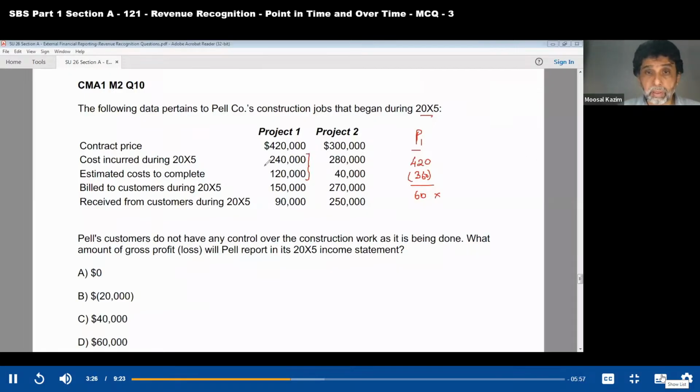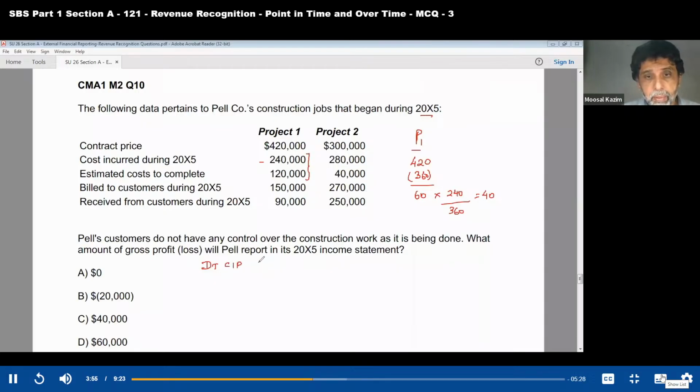So percentage of completion, that is the cost to cost method. 240 is the cost incurred to date, divided by 360, which is the total cost, and we'll get 40 as the profit. Now, for the construction in progress account, the cost incurred to date will be debited. I'll just put the entry also. You don't have to do that in the exam, but for better understanding.